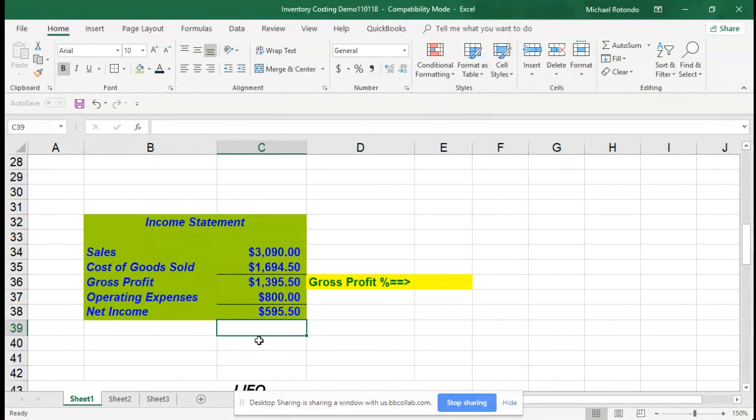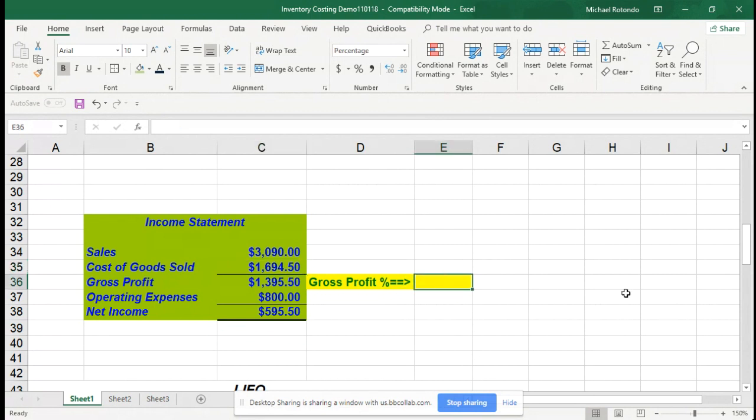Now, it's going to be different under LIFO and under average cost. When prices are rising, cost of goods sold will always be lower under FIFO and gross profit higher because we're selling the older, less expensive goods first.